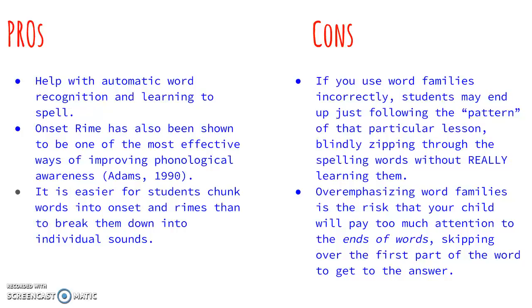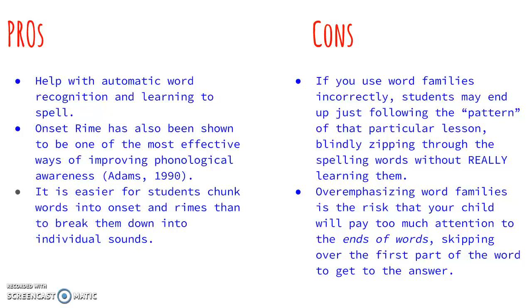And the cons of this is if you use word families incorrectly, students may end up following the pattern of the particular lesson, blindly zipping through spelling words without really learning them.